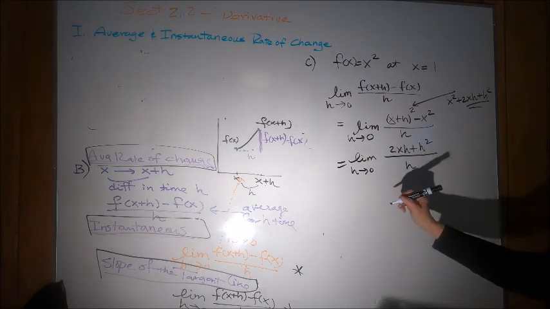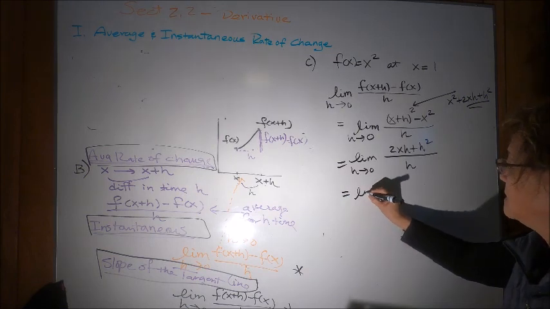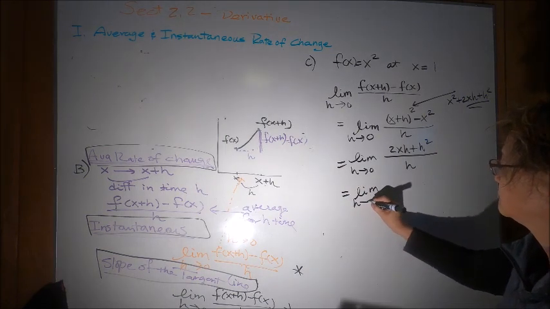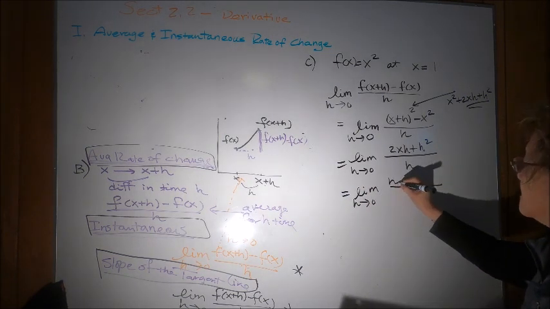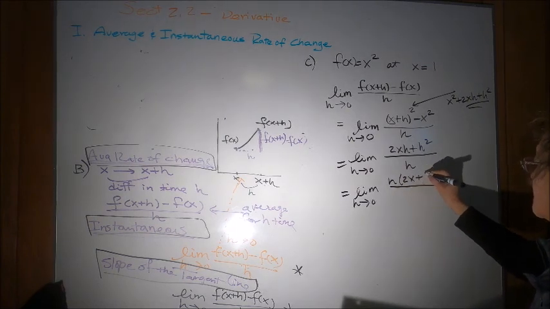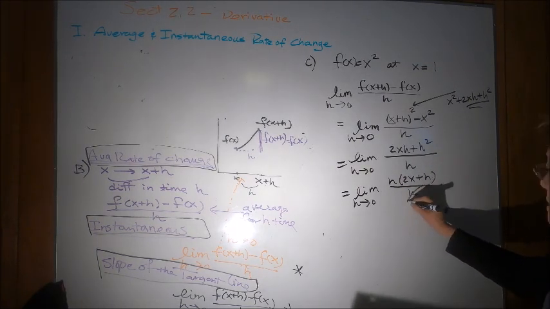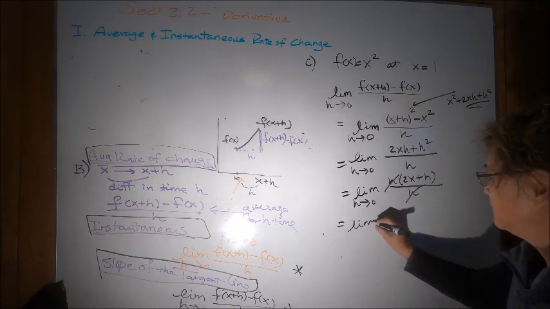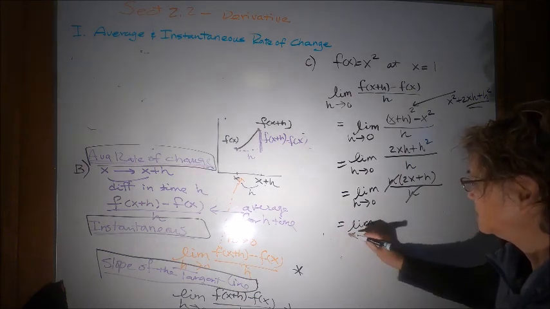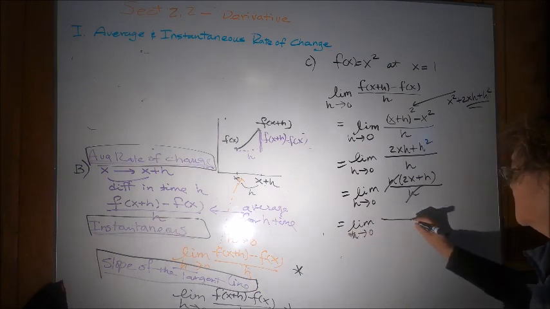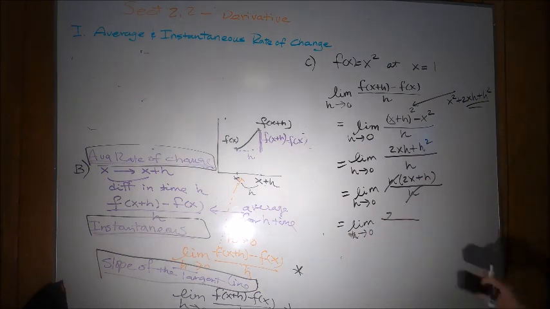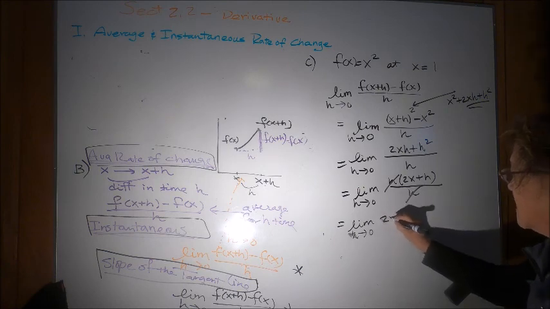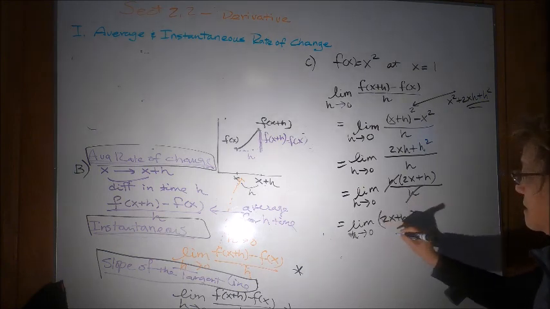If you simplify it, what do we have? Factor, right? Then you cancel out your h. Then you will have h approaching 0, and we have 2x plus h, right?